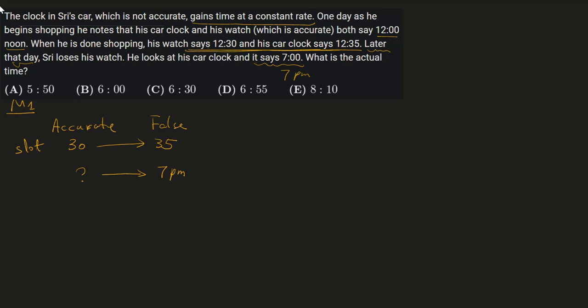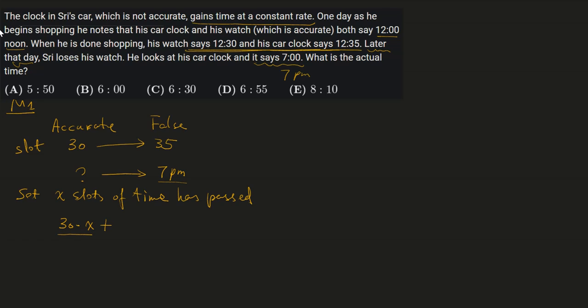Okay. Now, let's use equations to do the calculation. We'll set x slots of time has passed at the end of the day. With that setup, we know that in the actual time system, 30 minutes times x has passed. However, we don't know what value this is, but we do know this is 7 p.m. in the false time system.